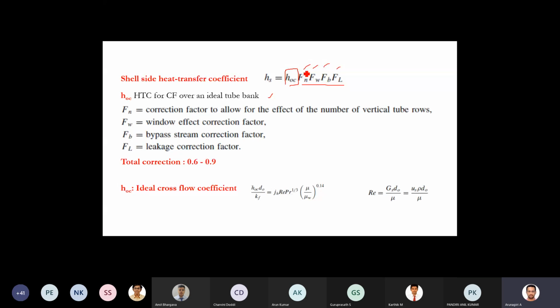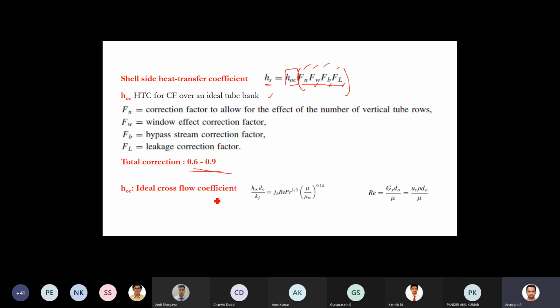That is the tube row correction factor, window correction factor, bypass correction factor, and leakage correction factor. We will see how to calculate these correction factors to calculate the value of the cell side heat transfer coefficient. So this HOC is to be corrected using these correction factors. Normally this correction factor will be 0.6 to 0.9.